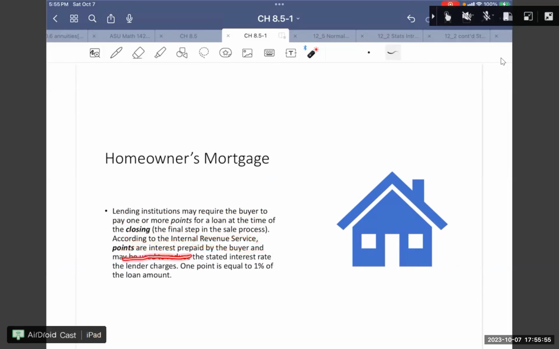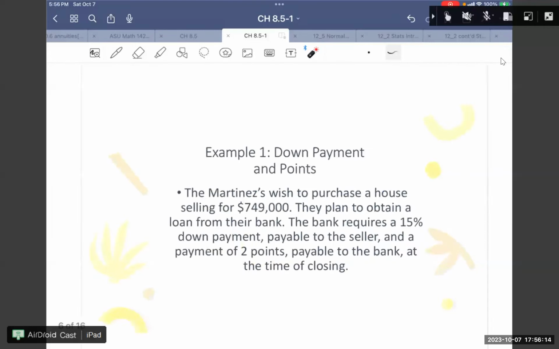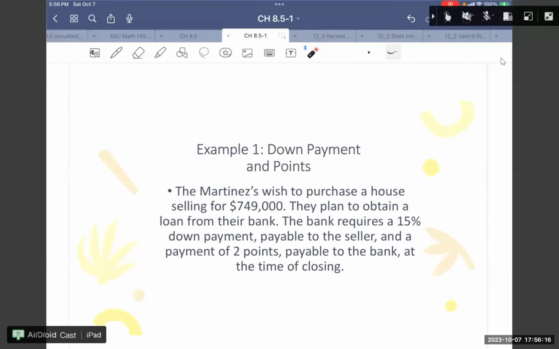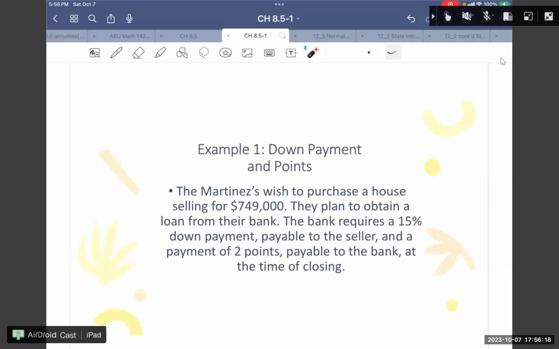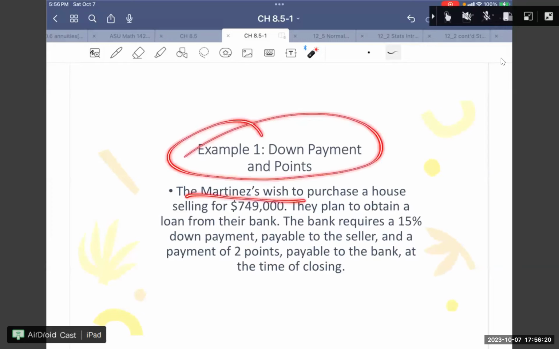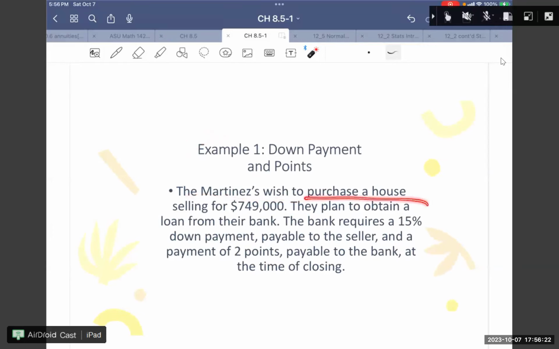The lender charges 1 point equal to 1% of the loan amount. So basically, when you buy a house and get a mortgage, you have to pay points, 1% of the loan amount, depending on the bank.